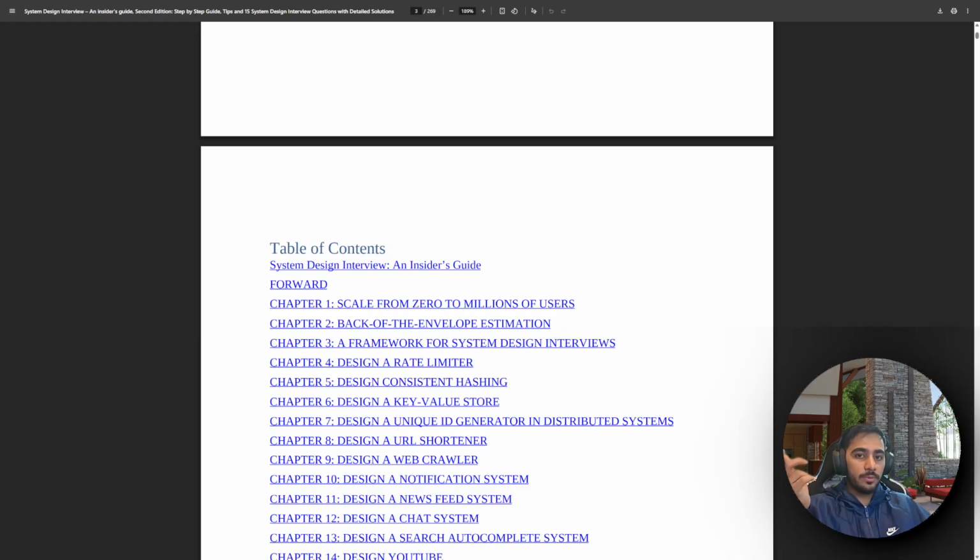Then we spoke about the celebrity problem: even if we have shards on our database, when a popular celebrity posts something or does a live stream, the database shard holding their data gets overwhelmed and it can cause apps to really slow down. A good example of this is Instagram slowing down when Messi won the World Cup. So you might have to give the celebrity a dedicated shard of their own. So those were the things we spoke about.